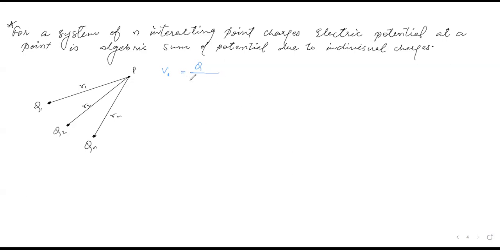You can write V1 is equal to Q1 over 4 pi epsilon naught R1, and V2 is Q2 over 4 pi epsilon naught R2. Similarly, Vn is Qn over 4 pi epsilon naught Rn.